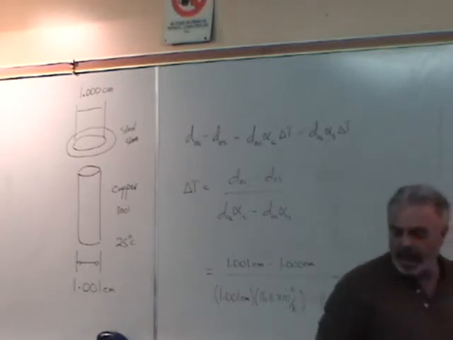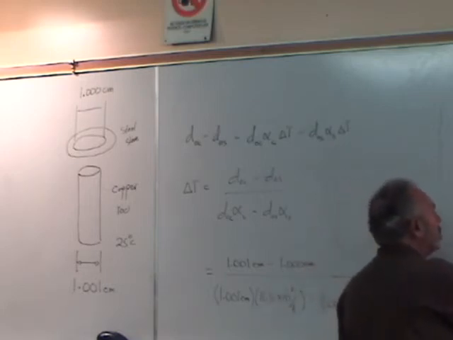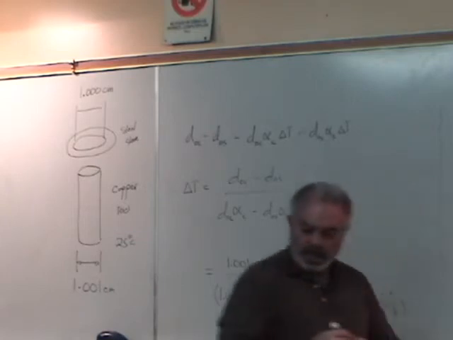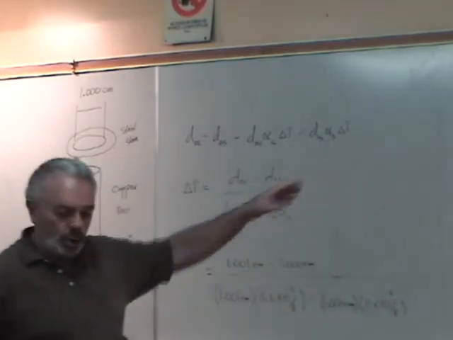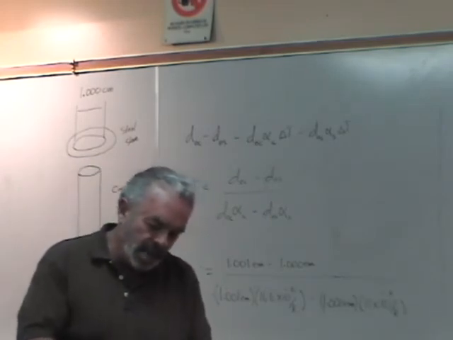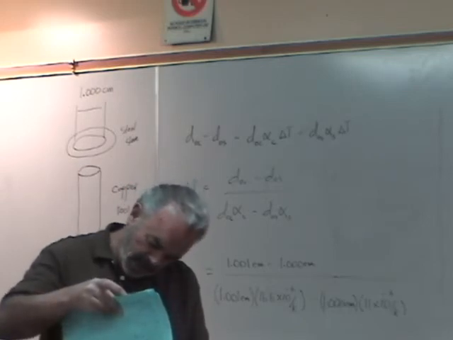Would you check my calculation? I think I got 178 kelvins. Let me check mine. Well, would you redo the math? Because I'm going to use that number as my key. Let me make sure that's what I got. Yeah, I got 178.